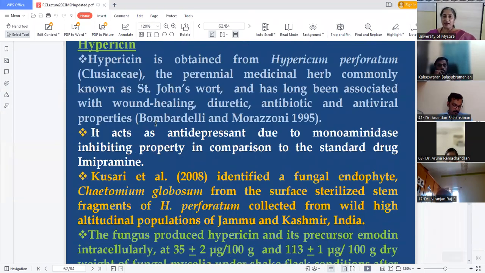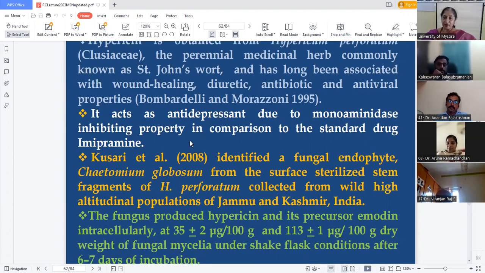Similarly, we have another example, hypericin. Hypericin is an antidepressant agent because of its monoamine oxidase activity, and this is obtained from Hypericum perforatum, otherwise known as St. John's wort. Kusari's group, like Strobel, Kusari, and Spiteller from Germany, have successively identified most of the bioactive endophytes from all over the world, and they have a good collaboration.